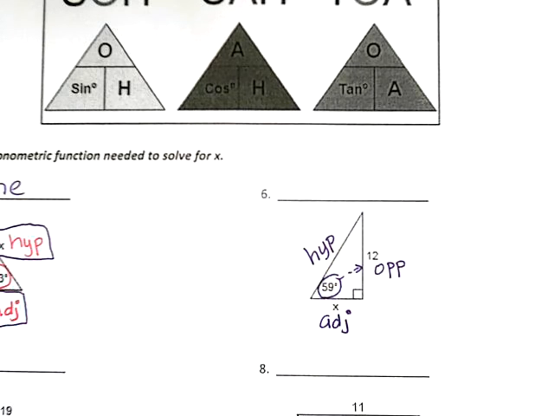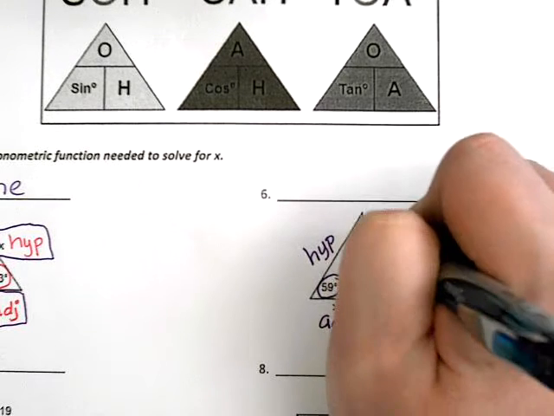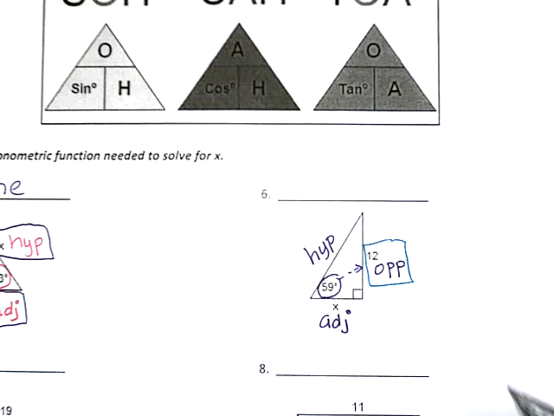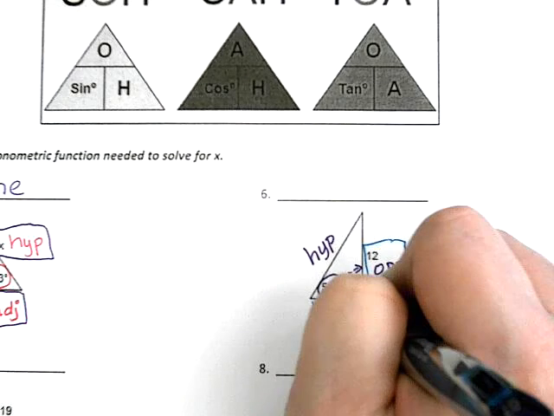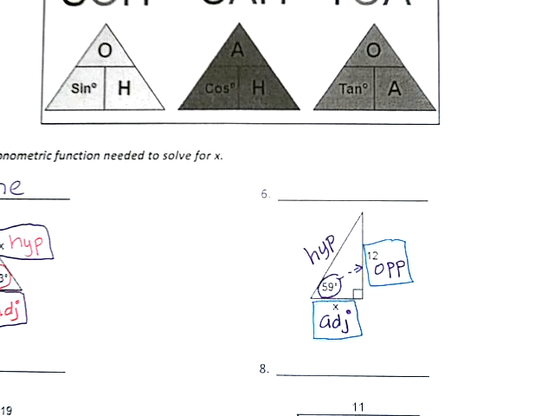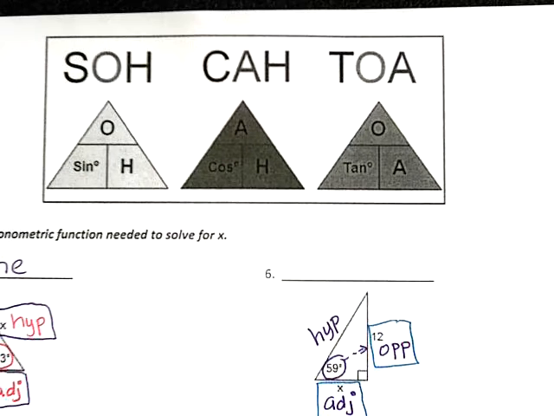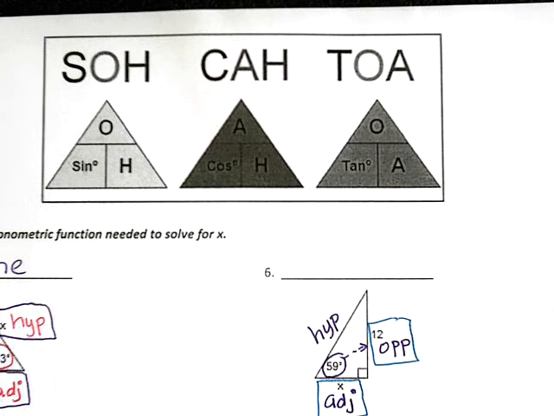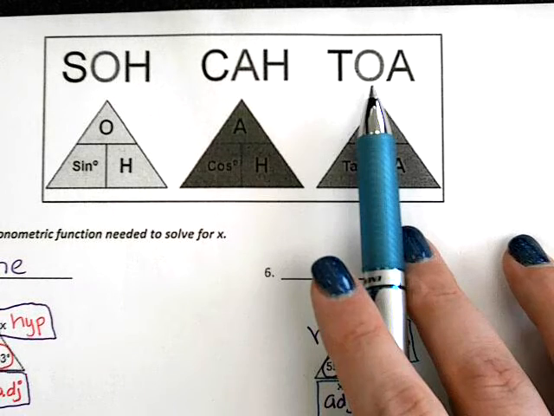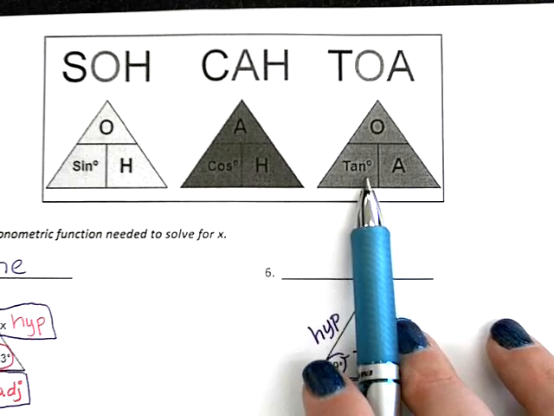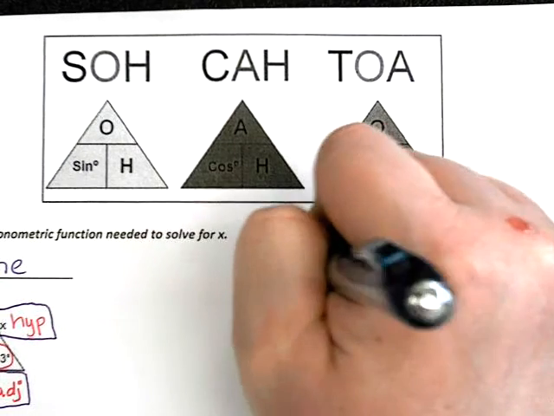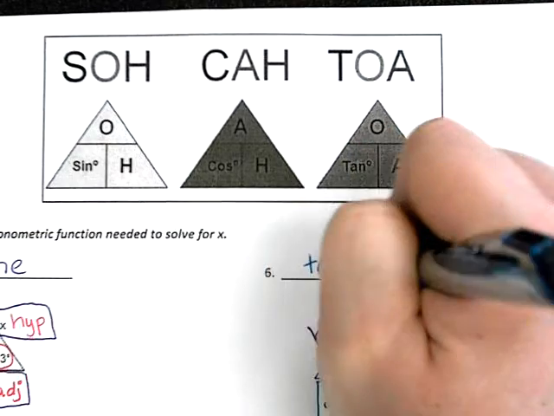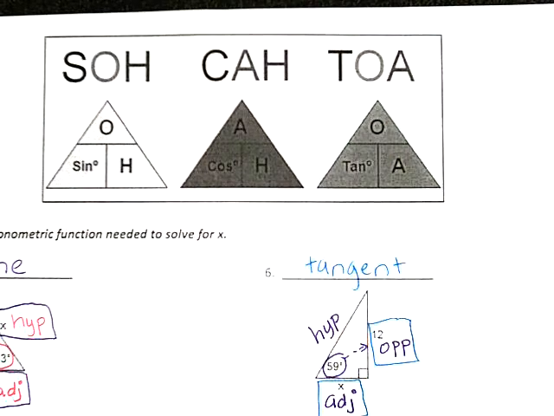All right, so I have my opposite side, and I'm looking for the adjacent. So which trig function uses adjacent and opposite? So I need an A and an O. All right, well, the only one that's got A and O is T. Well, T stands for my tangent function. So in order to solve number 6, I would need to use my tangent function.